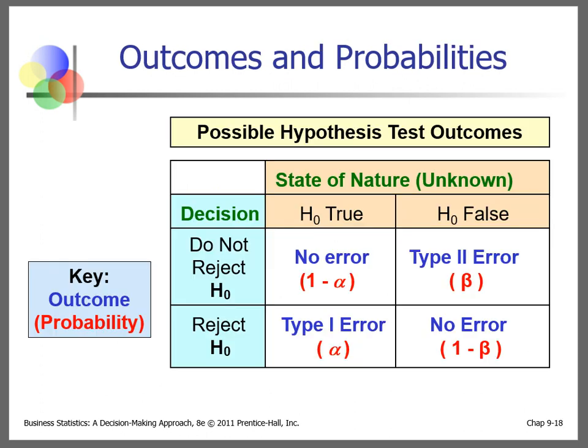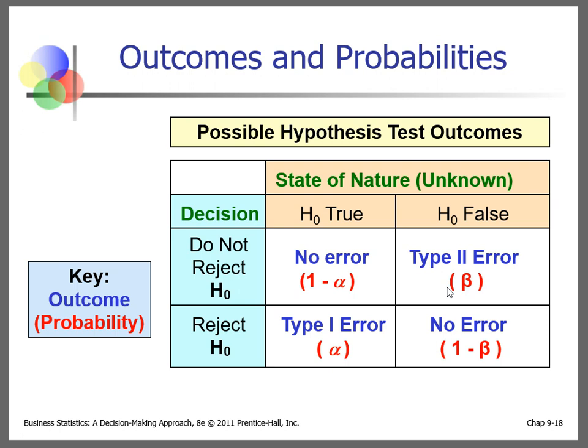Here is the updated figure showing the possible hypothesis test outcomes. If alpha is the probability of making a type 1 error, the symbol beta is used to denote the probability of making a type 2 error. The two error probabilities, alpha and beta, are inversely related. That is, if we reduce alpha, then beta will increase.